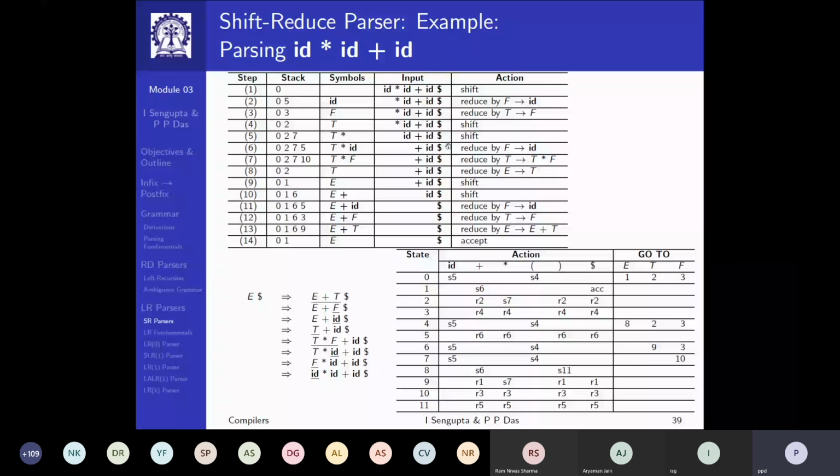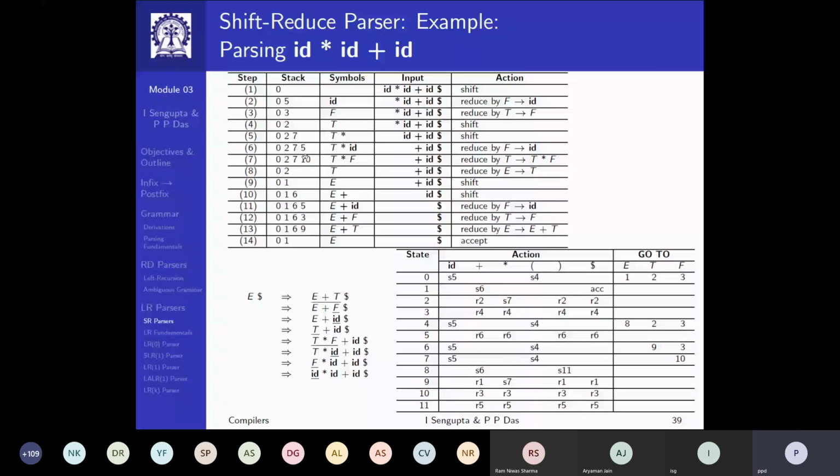I have 7 ID. 7 ID is shift 5. So ID comes in, state changes to 5. So now I have T star ID plus ID as it continues. 2 symbols have got in to the symbol stack, and now we have 3 states corresponding to that.